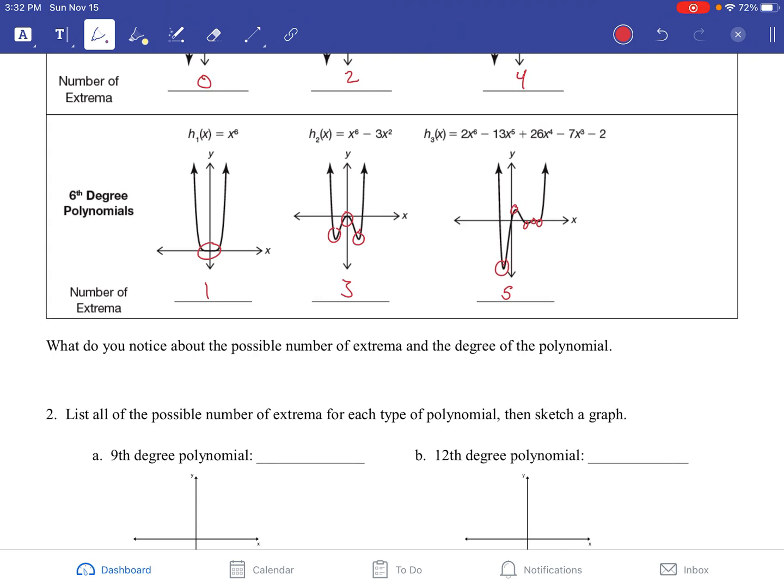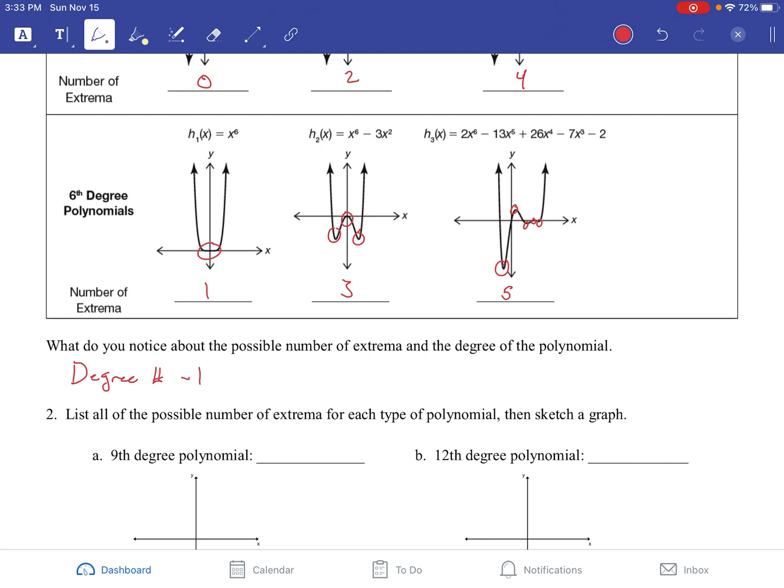So the question becomes, what do you notice about the possible number of extrema and the degree of a polynomial? Well, there is a pattern here. You take the degree number minus 1. That is the most number of extrema a graph can have.